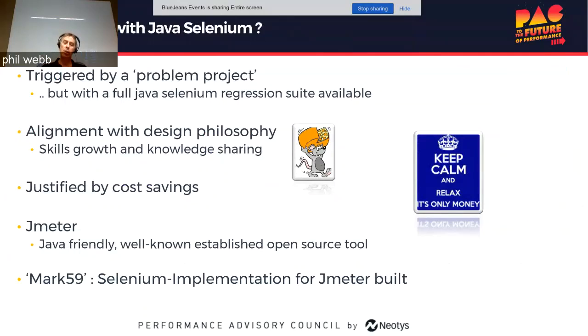Now the way we did it was every time we decided to move a job from LoadRunner and transition it across to Geometer, we ran them in parallel, so we could do comparisons. We could check that the Geometer Selenium results were in line with pretty well what we were seeing in LoadRunner.